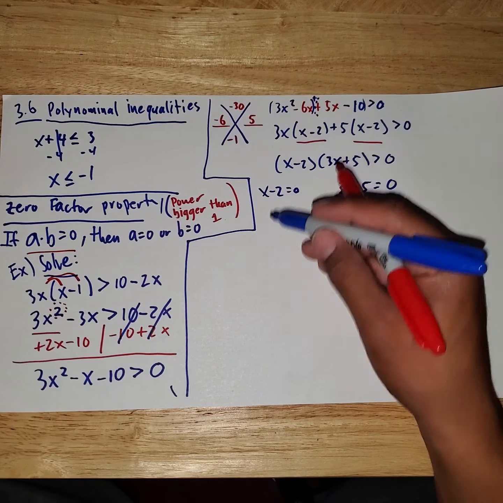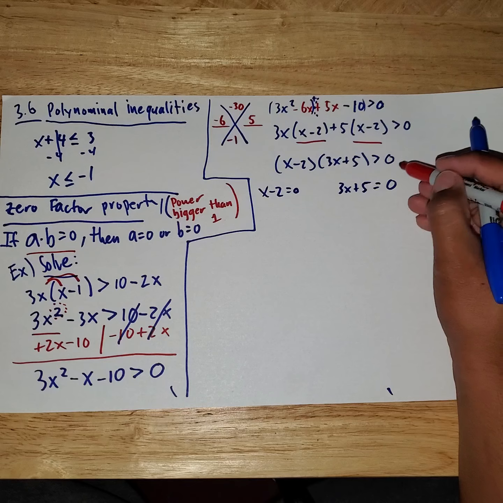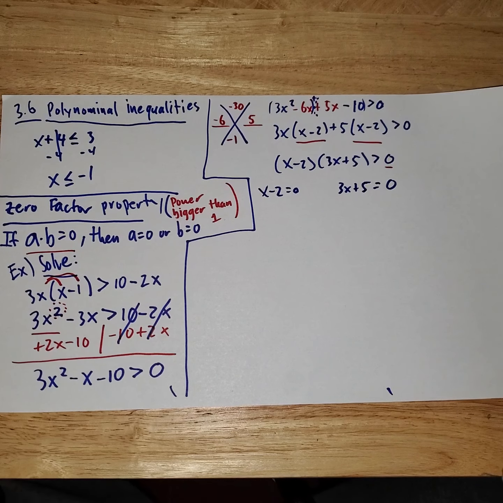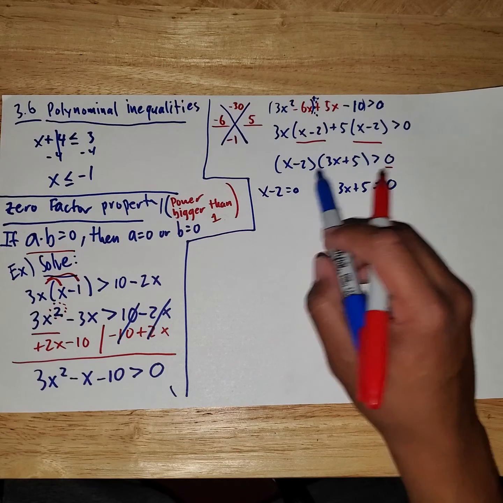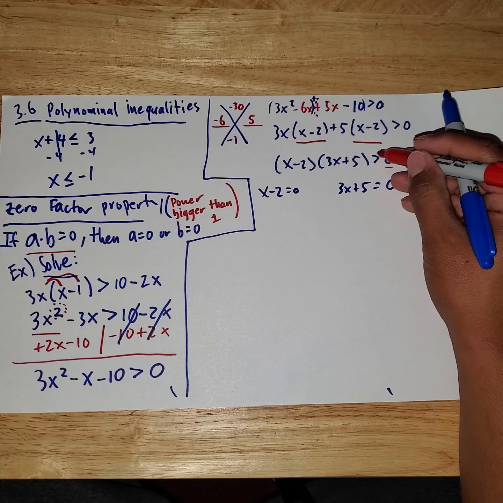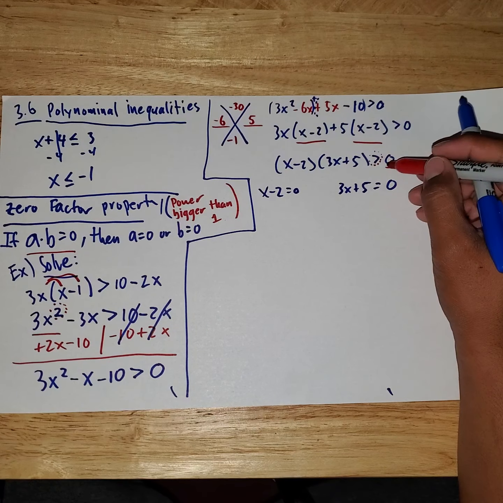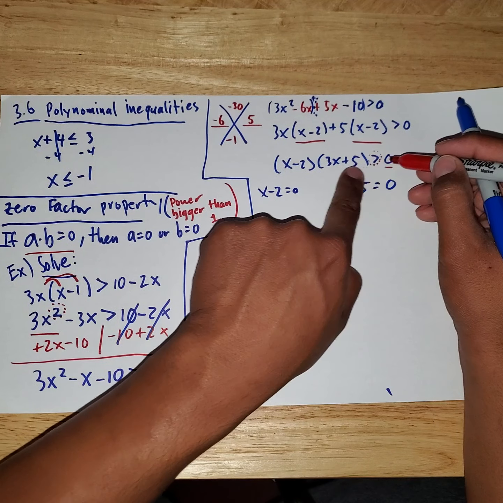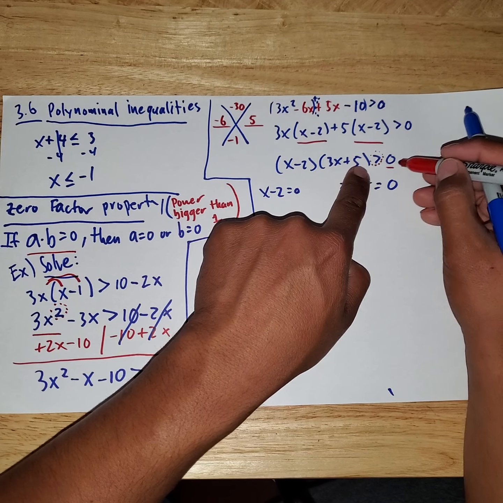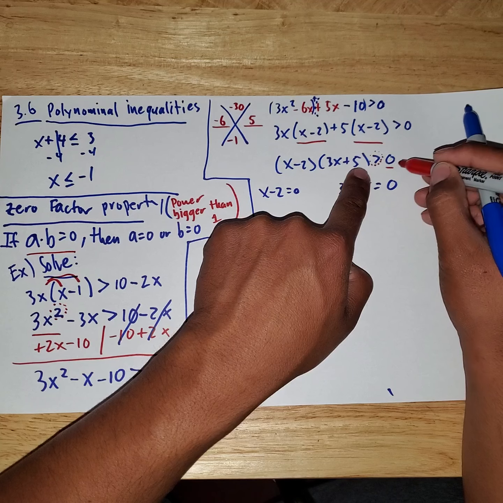Again, because we have a 0 on this side, remember, now this is where you need to start thinking about what the inequality is asking for. If we think about it, remember, it opens up, this has to be the bigger side, this is going to be the smaller side.